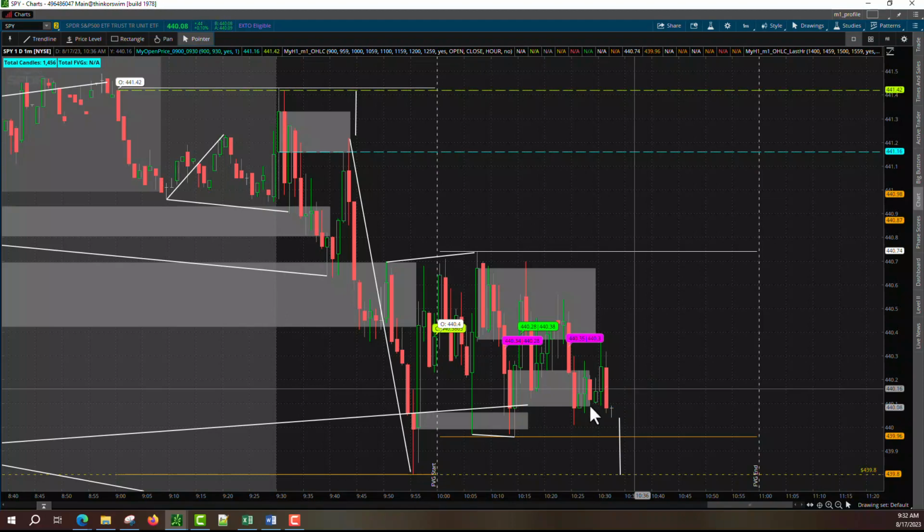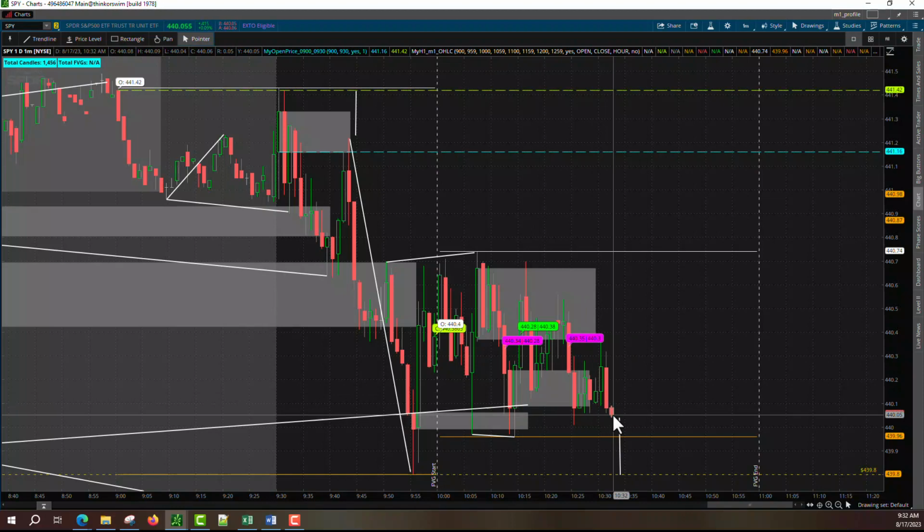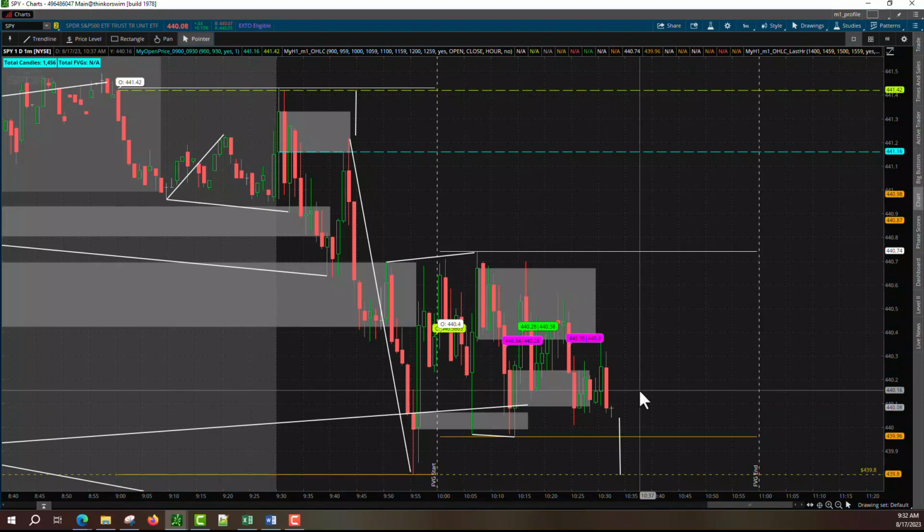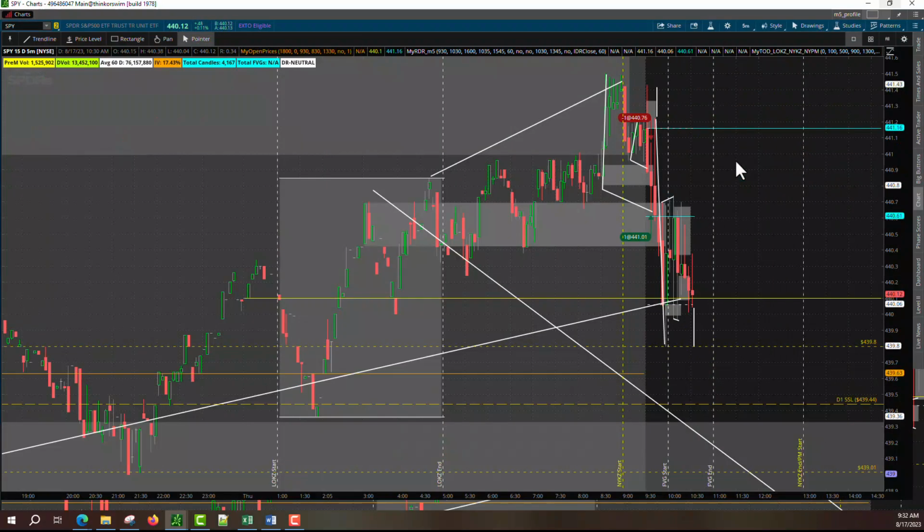So if it starts to go down from here, it's going to go down hard. Alright, look at the DR model because we reached 10:30 now.